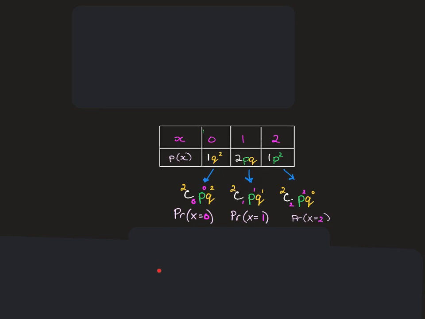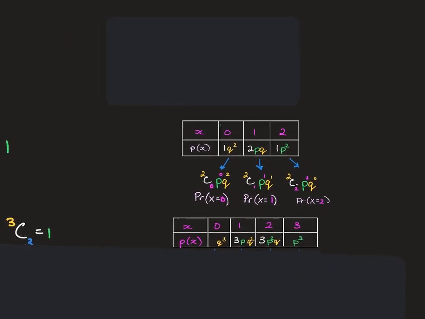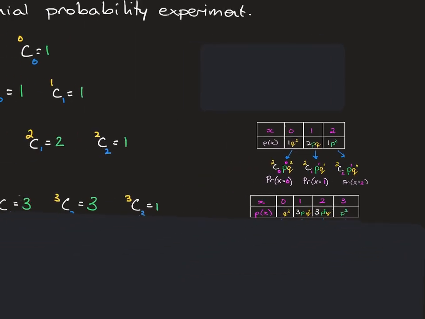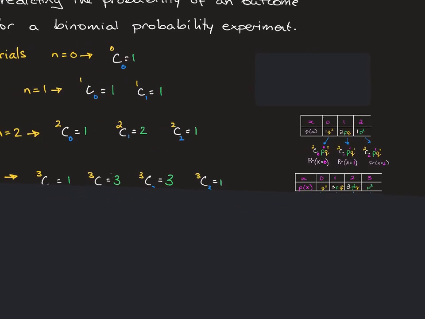If we look at a cubic distribution, which is from our 3 trials, so 3 trials for this one here. Let me just zoom back out a little bit. So now we've got 3 trials. There's our Pascal's triangle, and our numbers generating our coefficients here.